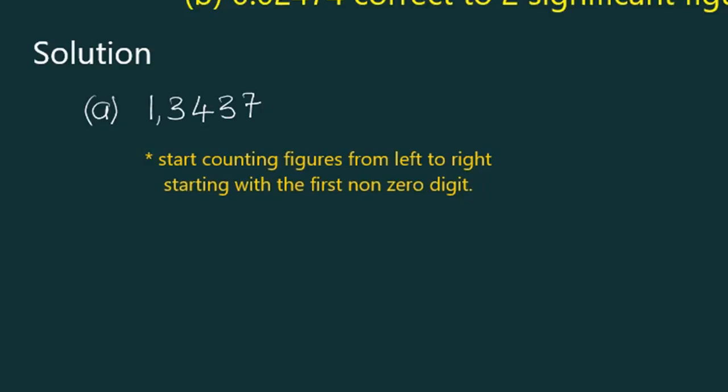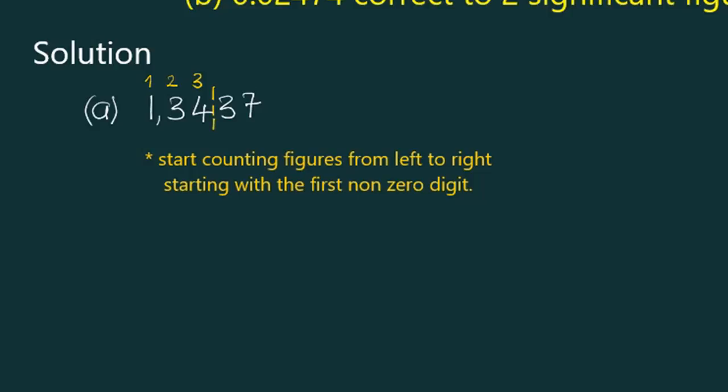On part A, I go on to the first non-zero digit, which is 1. I go on to the second, I go on to the third. Since I want 3 significant figures, I'll end right there, so I'll break it from here.